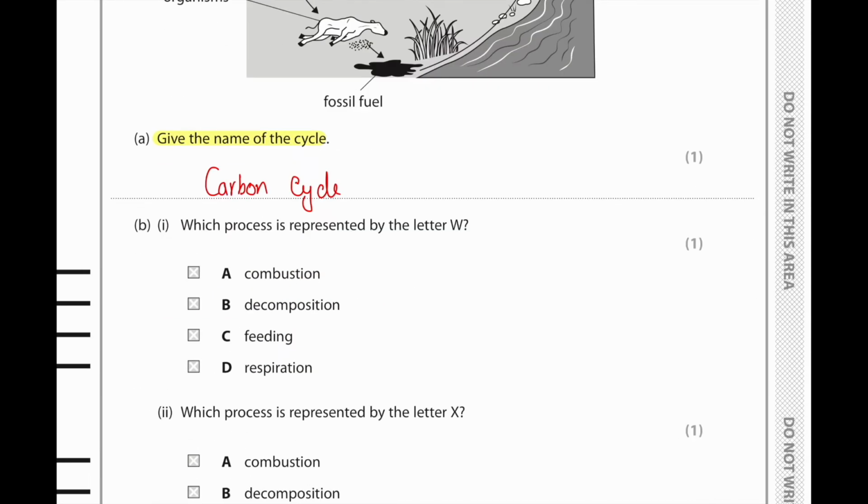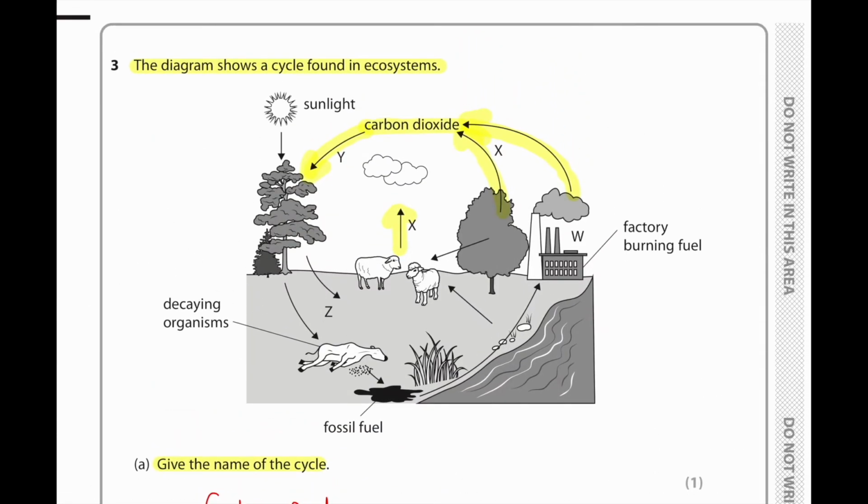Part B1. Which process is represented by the letter W? So let's see. The letter W looks like it is combustion of fossil fuel. So it will be combustion. X is respiration. Y is also respiration. So we'll just label it like this. Okay.